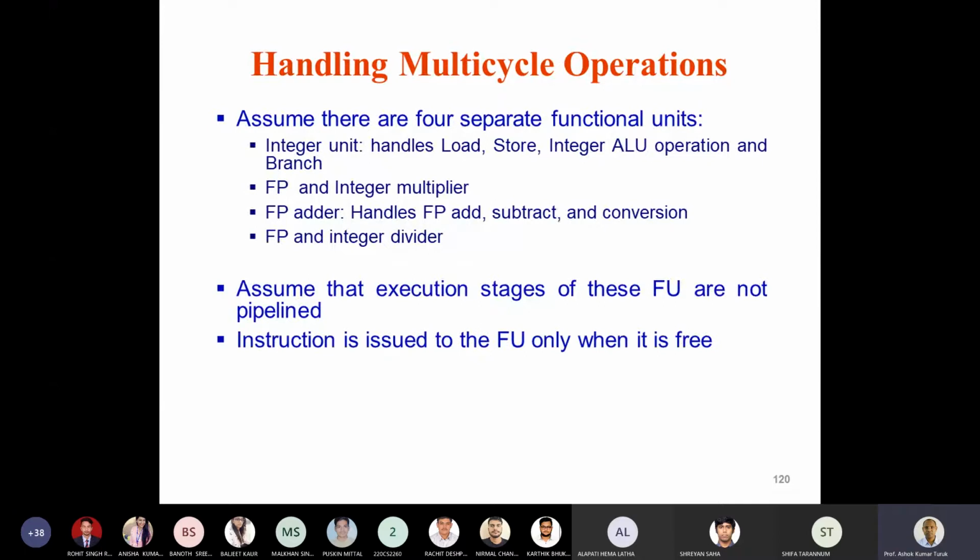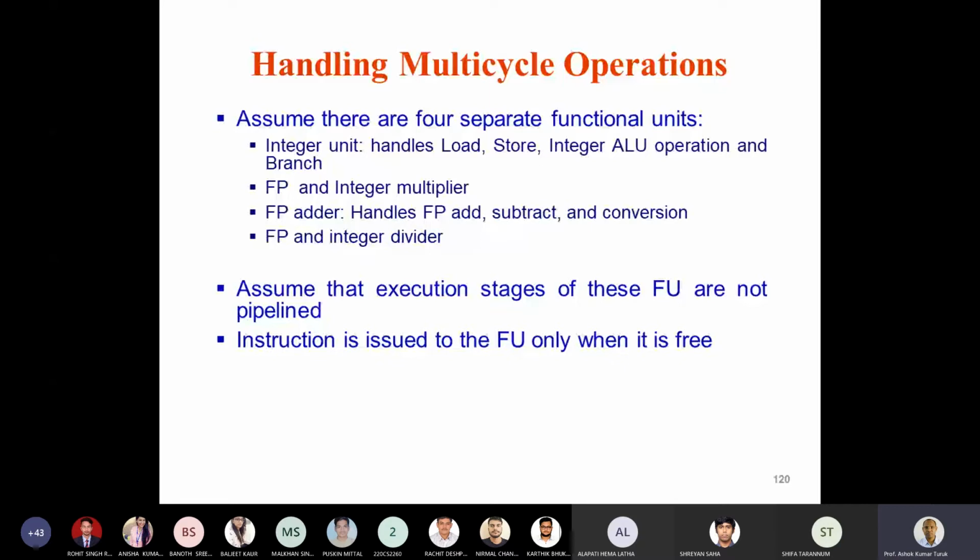So the instruction is issued to the functional unit only when it is free. Now again, an instruction is said to be issued when it moves from the instruction decode stage to the execution stage. When you move it, then we say the instruction is issued, and once the instruction is issued, the instruction will complete its execution.